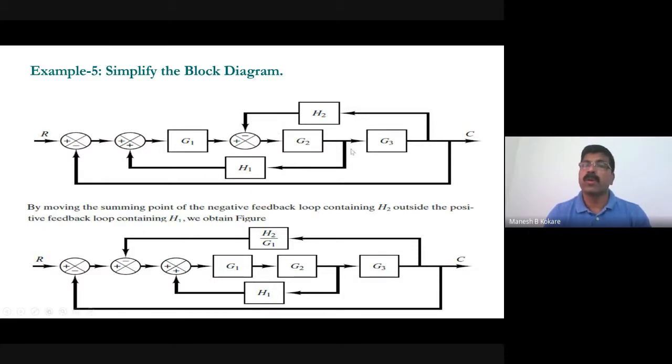Presently, no. Okay, so you have to make the arrangement such that, see that if you shift this takeoff point after a block, after G3, this takeoff point after G3, then this G2 and G3 will be in cascade, and then you can reduce that into one block, and then after that this G2, G3 and this H2 will be in a loop, and then once you reduce that loop, then G1 and whatever this transfer function comes will be in cascade, and after that whatever you get will be in loop with H1, and finally that will be in loop with the unit feedback system.